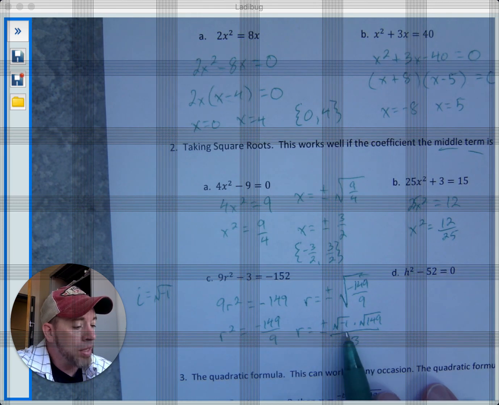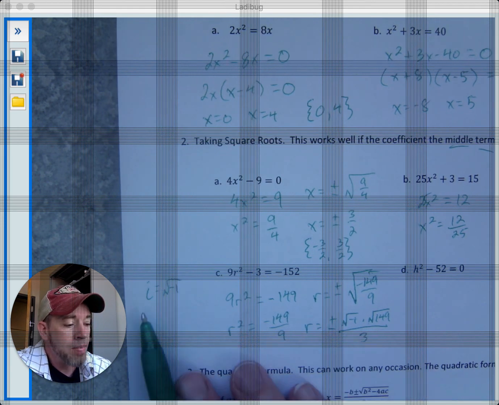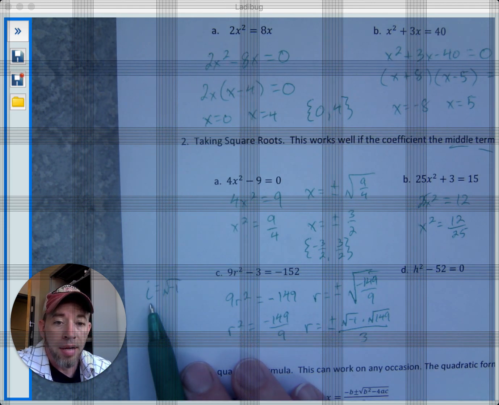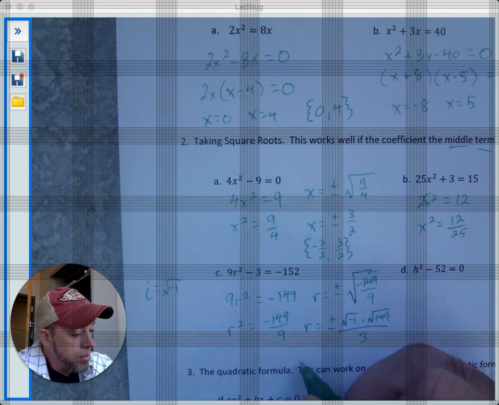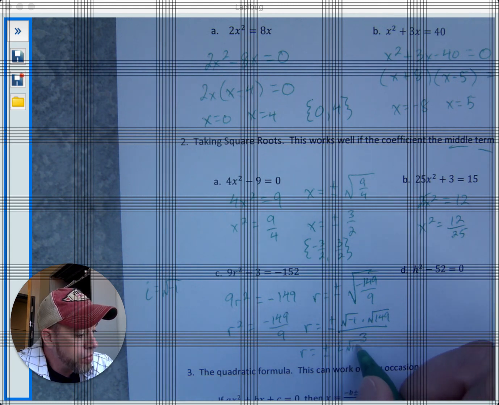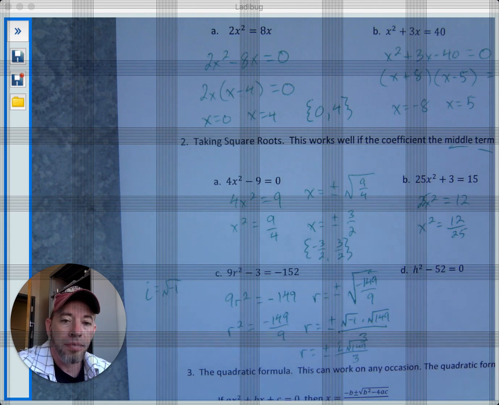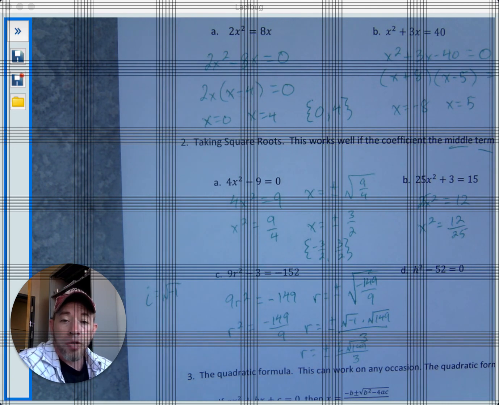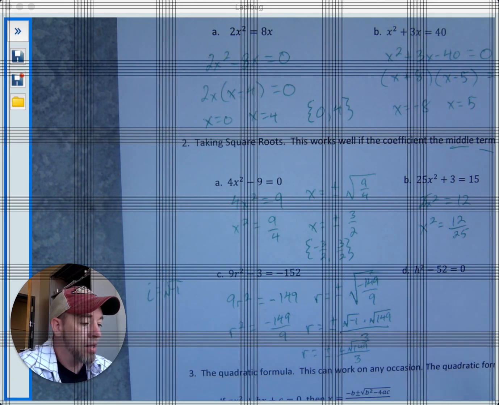And so the square root of negative 1, we're going to replace with the imaginary unit that we call i. So r is equal to plus or minus i times the square root of 149 over 3. Okay. So your solution set then, the plus and minus give us two different solutions.